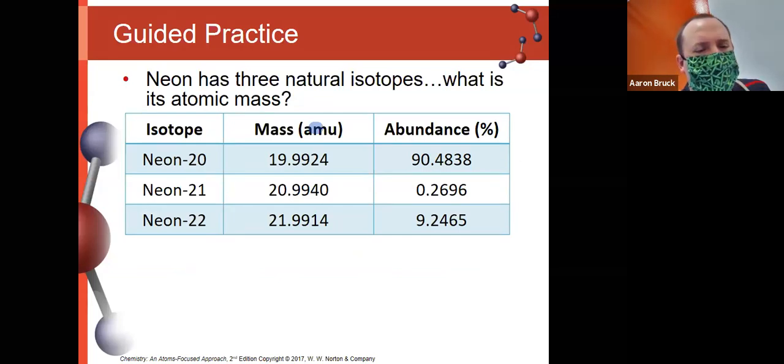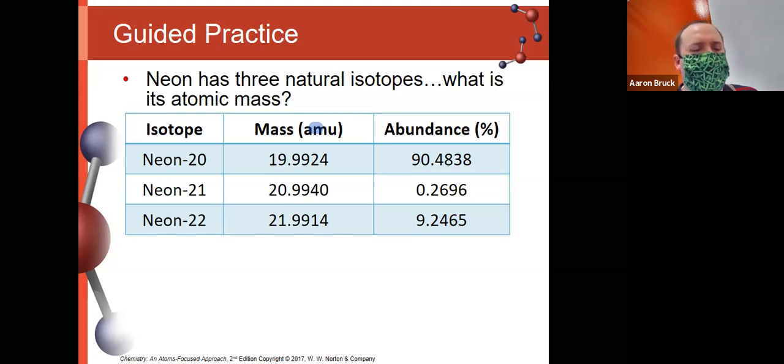So to answer a question like this, what I need to do is a calculation of the weighted average. Now, there are a number of ways to go about doing this calculation. I favor a method that, for me, seems the simplest.